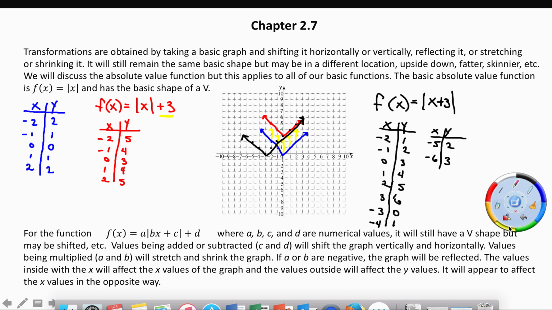And if I were to pay attention or notice what happened between my original graph and this one, every single point is moved left 3 units, moved left 3 units, moved left 3 units.